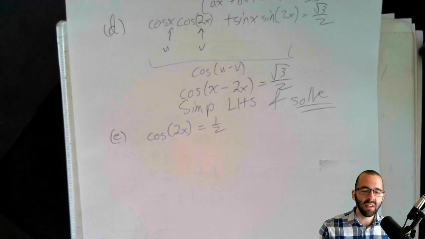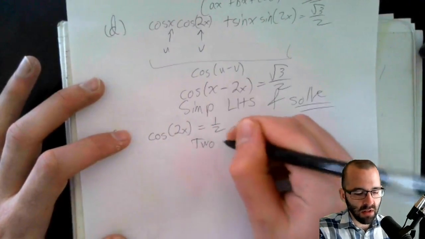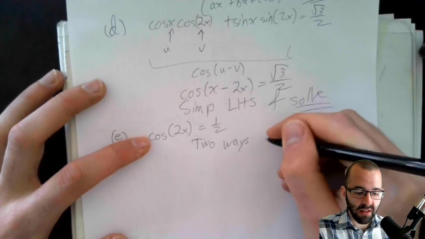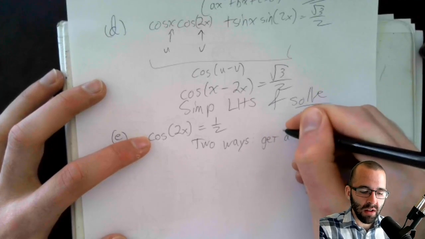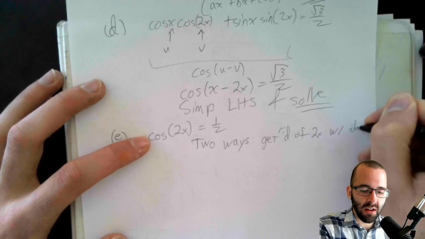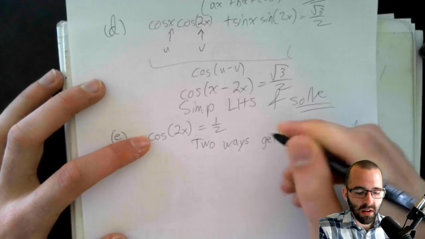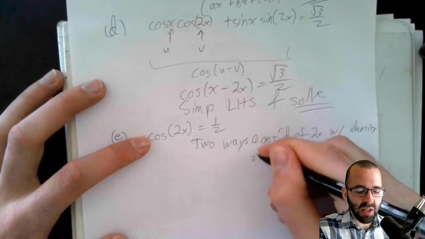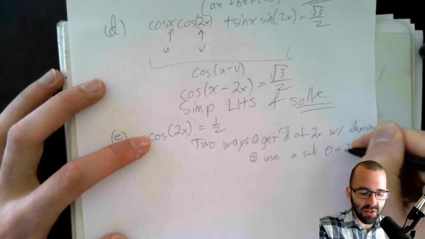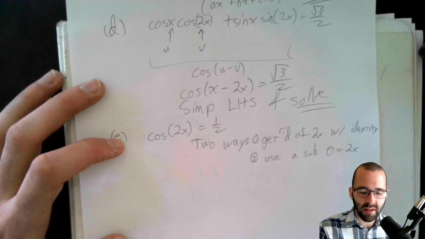Okay? So there's two ways of doing this. One way is to say, I don't like the 2x, let's get rid of it. Get rid of 2x with an identity. Or the second way would be to use a substitution, say like theta equals 2x and solve it that way.